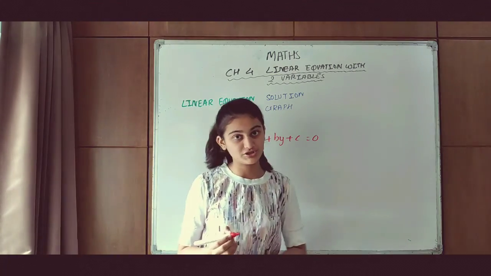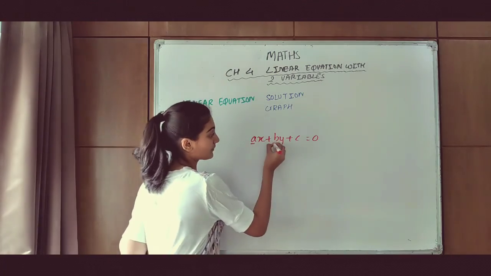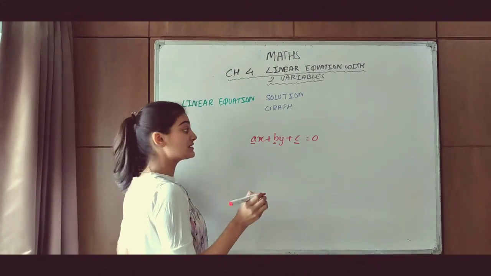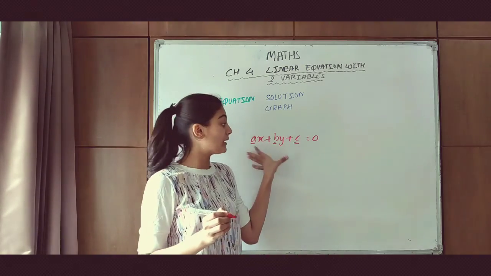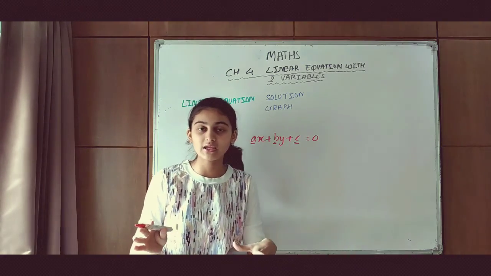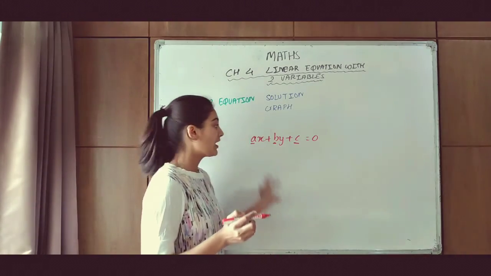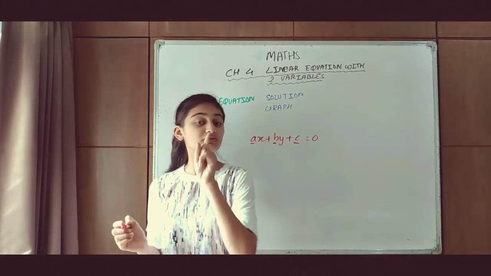This is an equation in which a, b and c are constants, and x and y are variables, but a, b and c are not equal to 0. They are numbers which are not equal to 0.